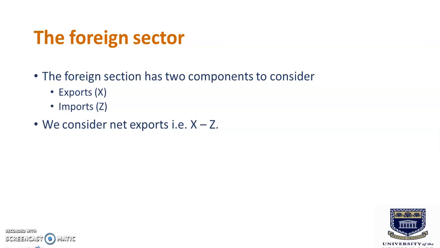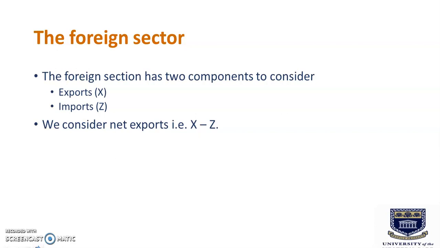In order to include the foreign sector into the Keynesian model, we have to include exports, which we will denote with the letter X, and imports, denoted with the letter Z. As South Africans, we do not only spend on domestic products. Similarly, part of the domestic production is exported, and the spending on these exports comes from the rest of the world.